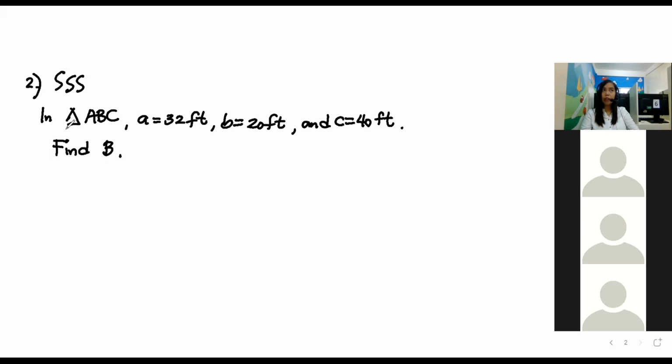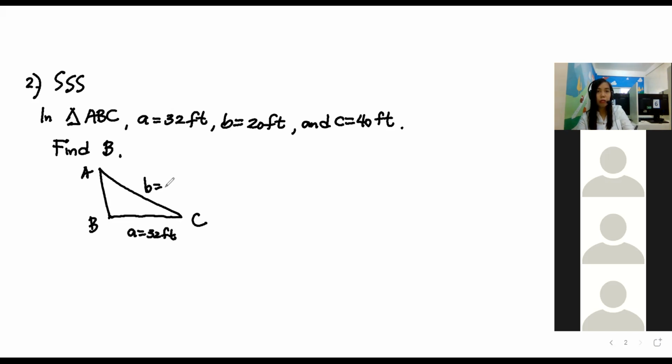Kasi yung formula natin ay naka-side siya. I mean, the square root of the side. So, to find the angle, you just need to manipulate it. So, when we show the triangle ABC, halimbawa lang, drawing ulit natin A, B, C. So, ang A ay 32 feet.